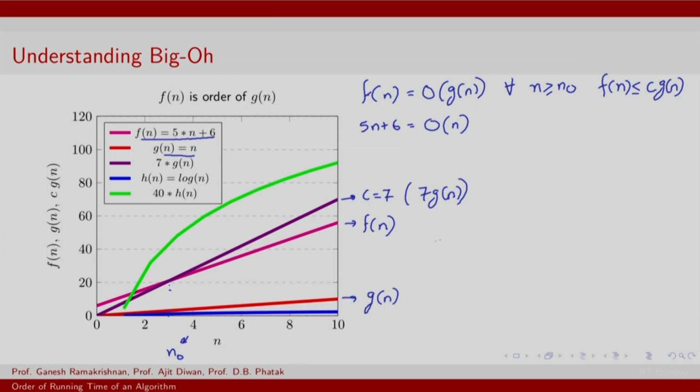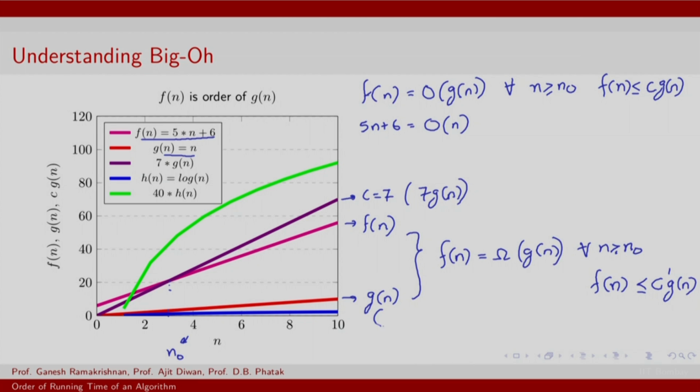It turns out that one can formally define something called theta and omega. So omega is basically stating a lower bound, just like big O gives you an upper bound. One can say that f(n) equals omega g(n), that is for all n greater than or equal to n naught, f(n) is greater than or equal to some c prime times g(n).